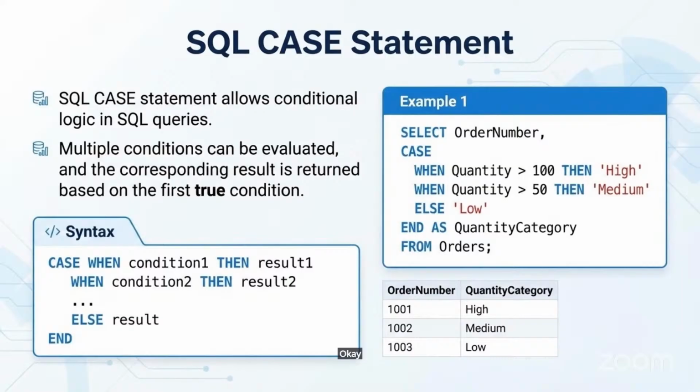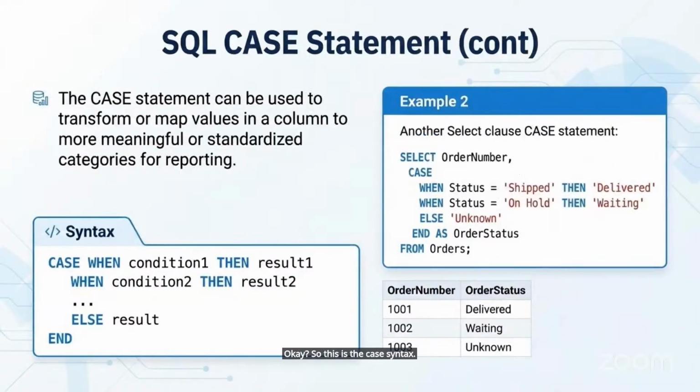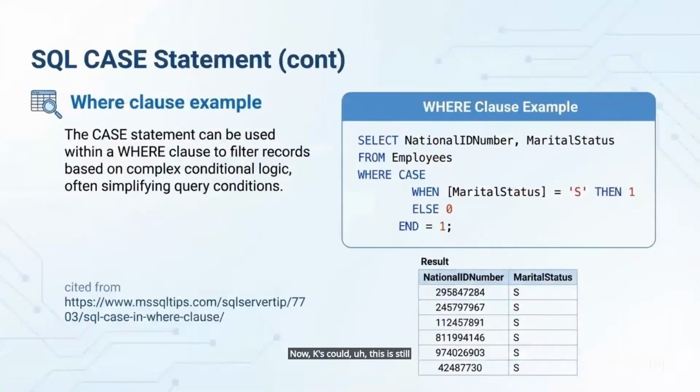Okay, so this is the case syntax. Now, this is still in select. So now this is an example in the where clause. Okay, so instead of in select, this is an example where, let me see, when material else equals 0 and equal to 1.